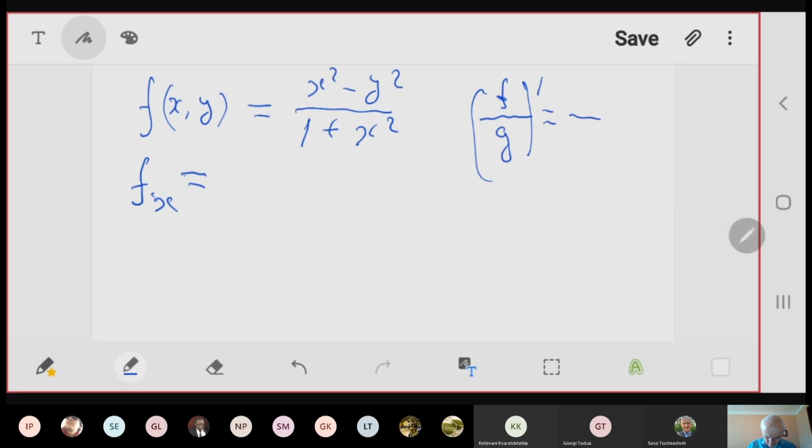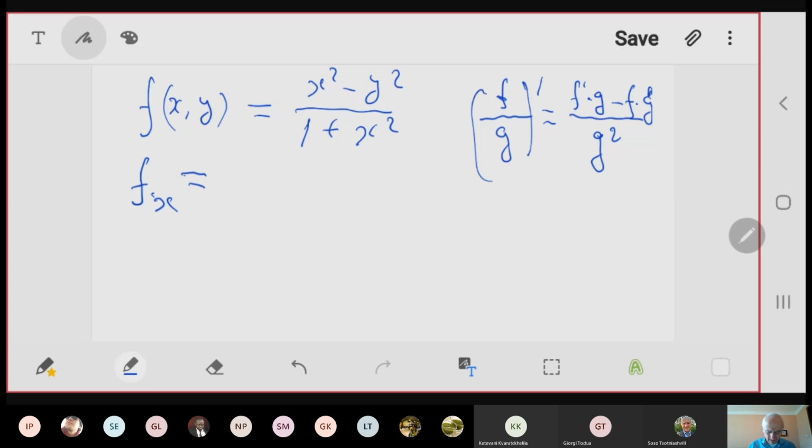Let's recall this formula: g square in the denominator, derivative of f times g minus f times derivative of g. I hope you remember this formula from functions of one variable.